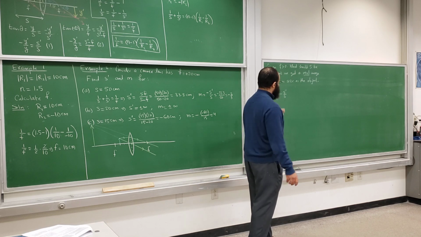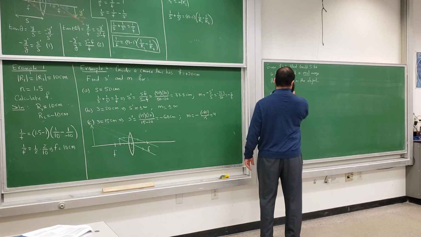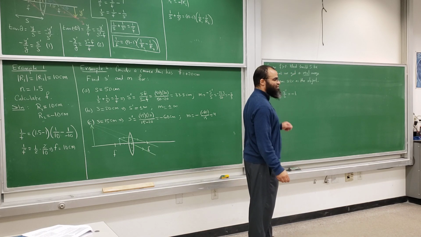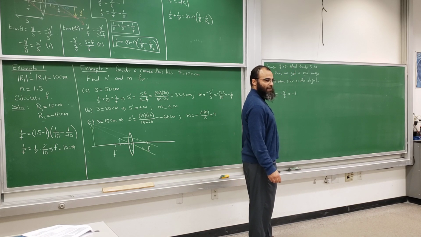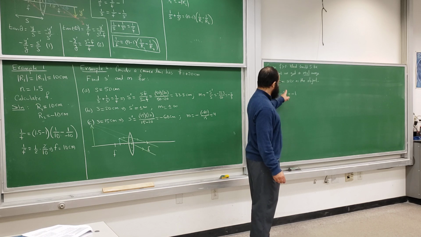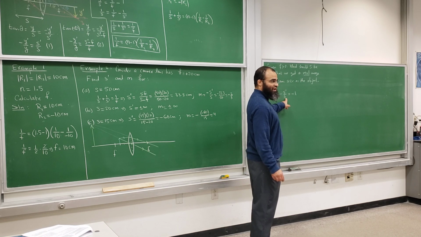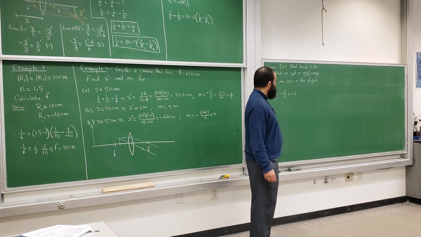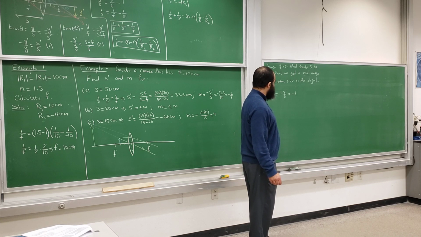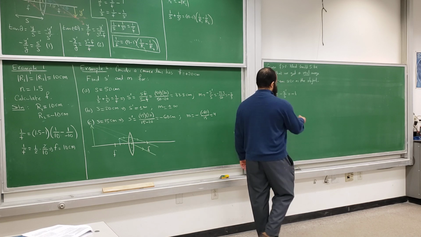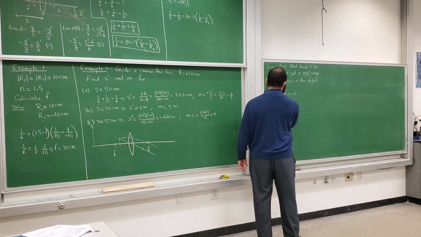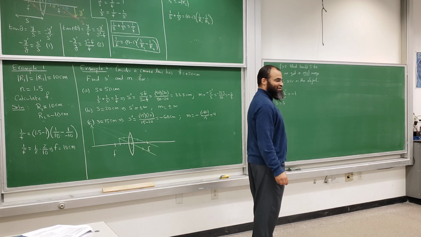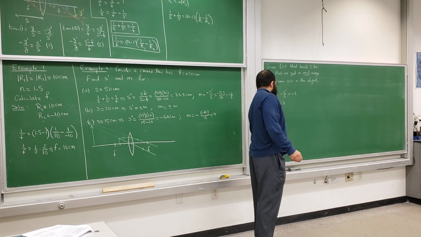So we get the magnification equal to -1. The magnification has to be negative, because S prime is positive, S is positive, and I have a minus sign here, I can't do anything about it. So magnification is -1, which tells me then S prime is equal to S.